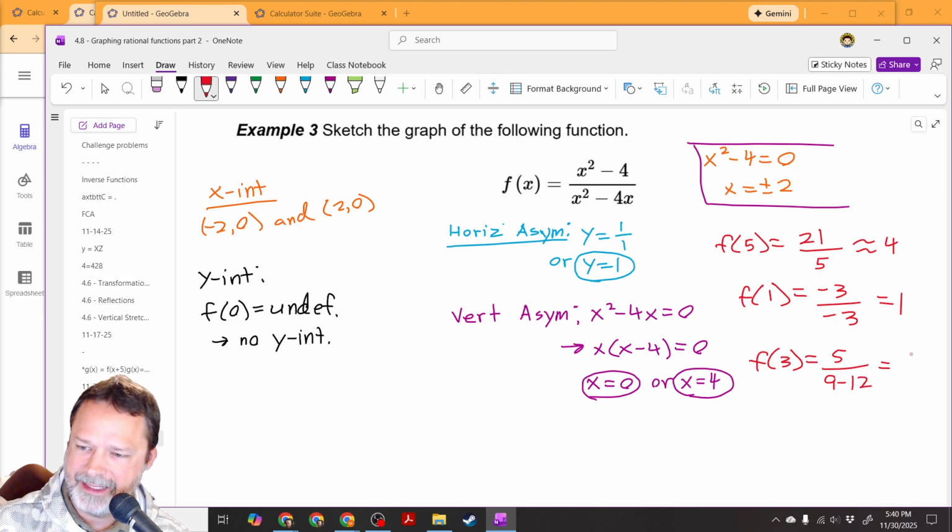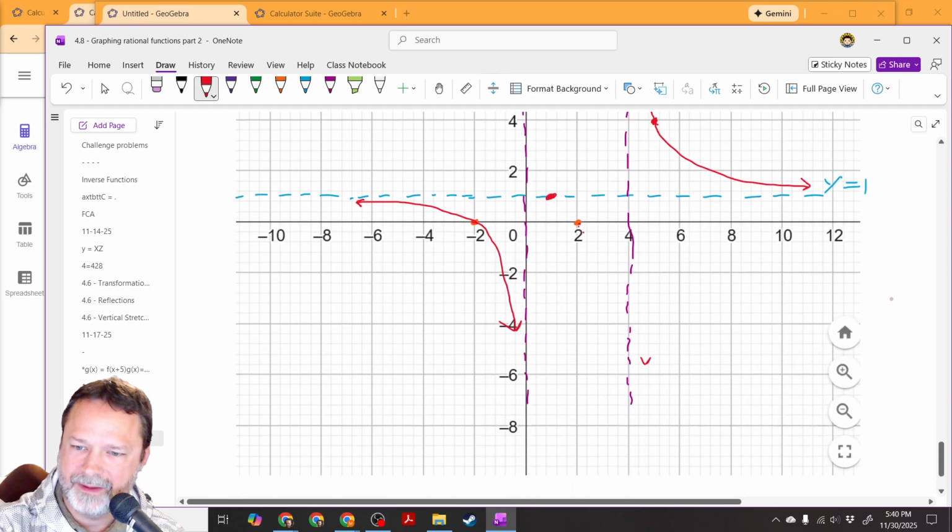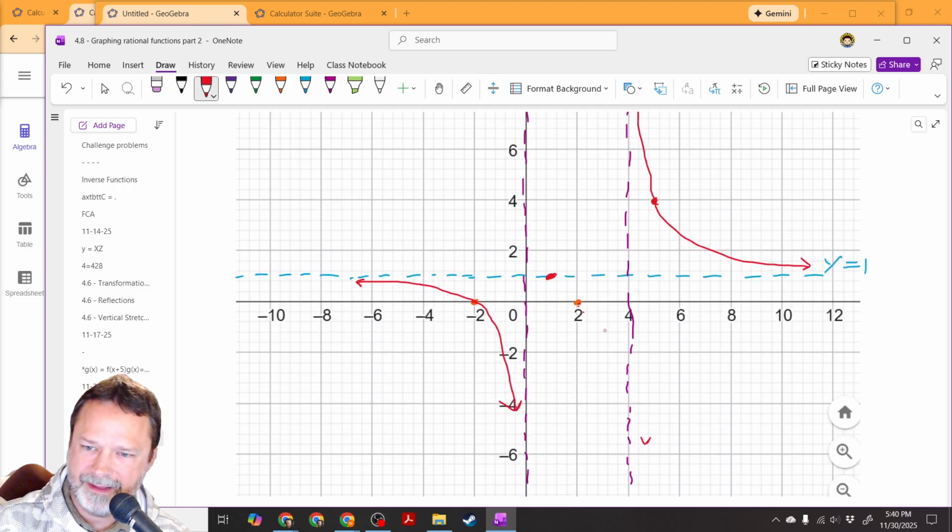That's negative 3. 5 over negative 3 is negative, around negative 2, but not quite negative 2. So, okay, now I'm getting more of this kind of a picture.